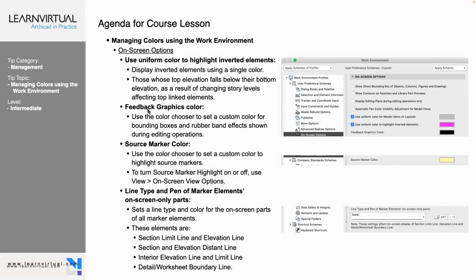So this is going to set our line type and color for our on screen parts for all marker elements. That includes our section limit line and our elevation limit line, a distance line for section and elevation, interior line and line limit. We're talking about the borders that show on your marker element.